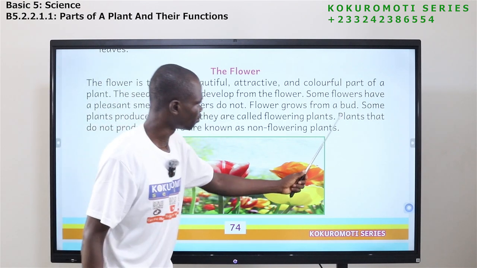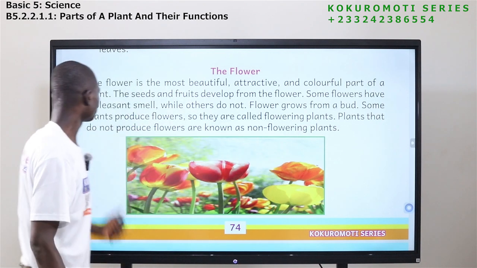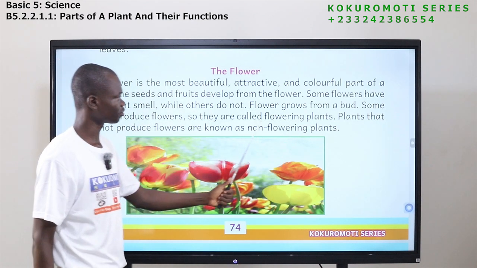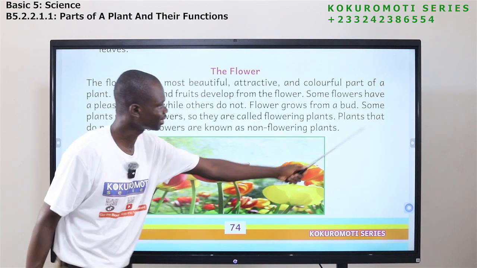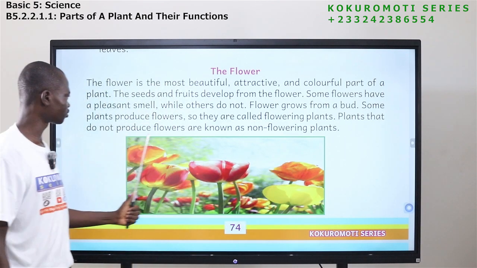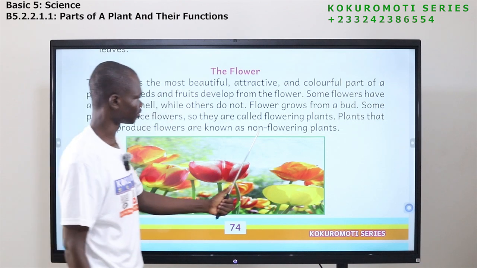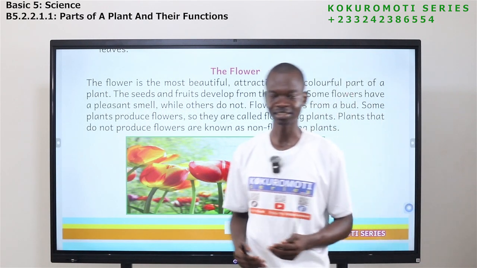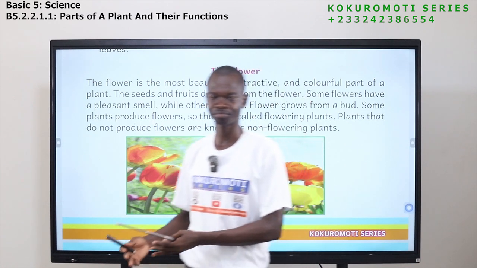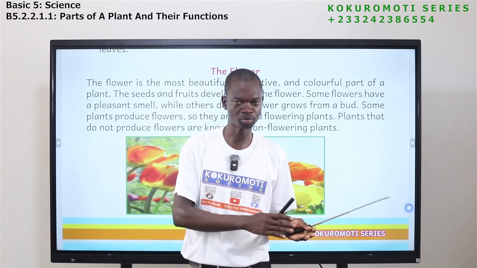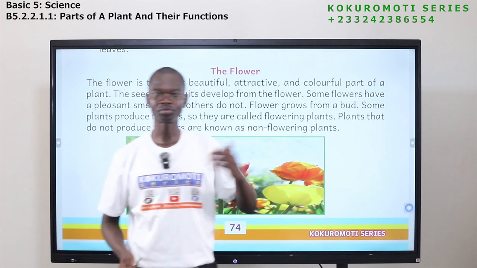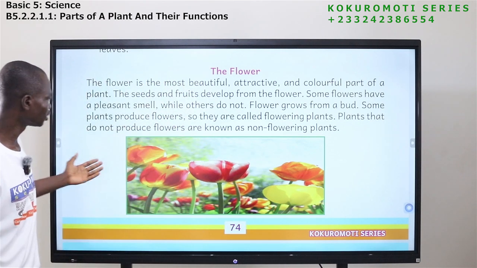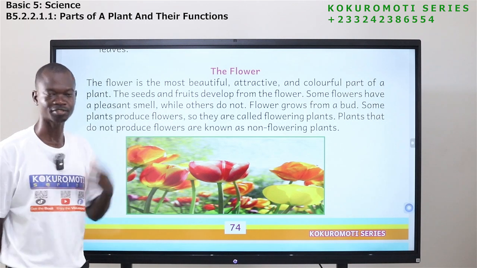Flowers grow from a bud. Some plants produce flowers, so they are called flowering plants. Some plants that do not produce flowers are known as non-flowering plants. Those that produce flowers are called flowering plants, and those that do not produce flowers are called non-flowering plants.